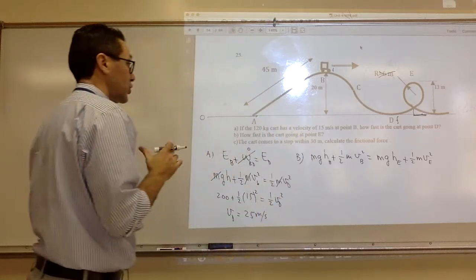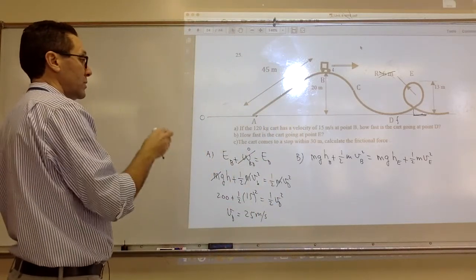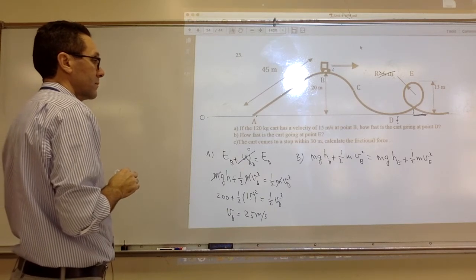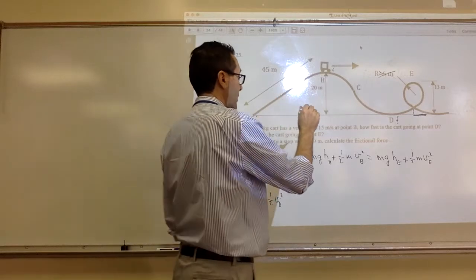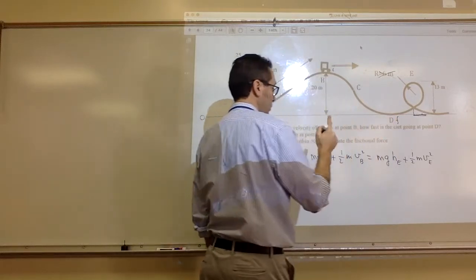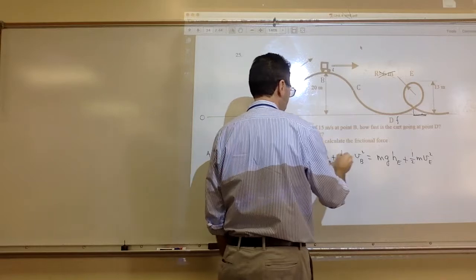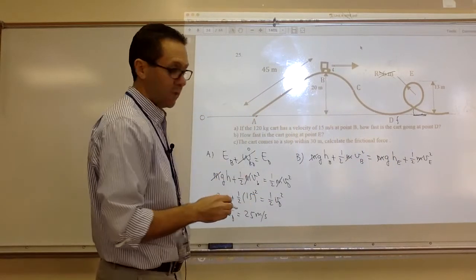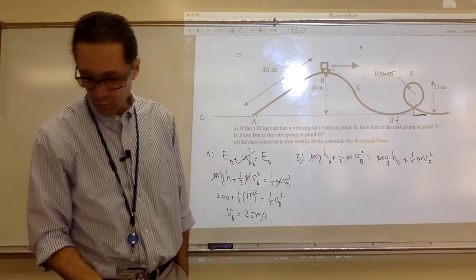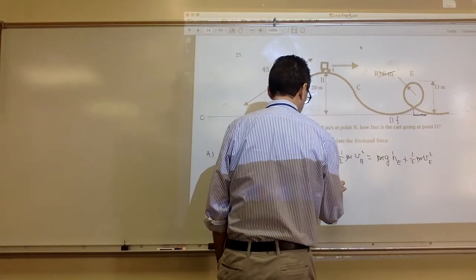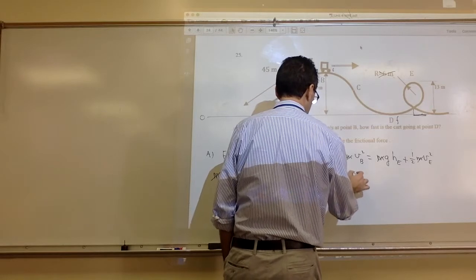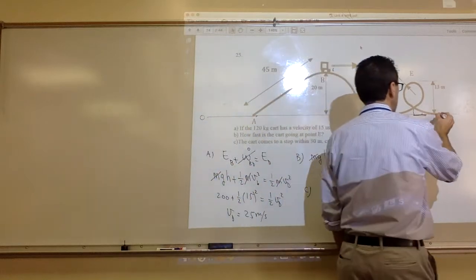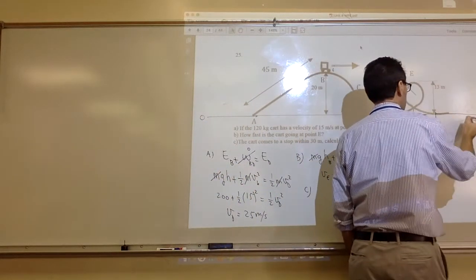Now, if I have a choice, I will use point D and E, because at point D, you only have one form of energy. So you only have 3 terms in this equation. So you cross this out, divide by the mass, and you have everything you need, and the velocity at point E is going to be 19.10 meters per second.